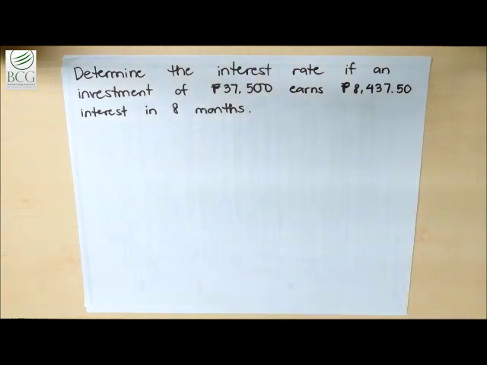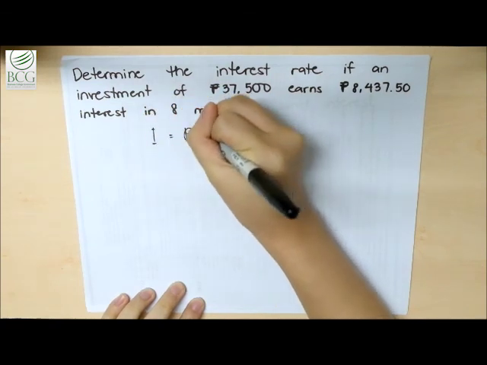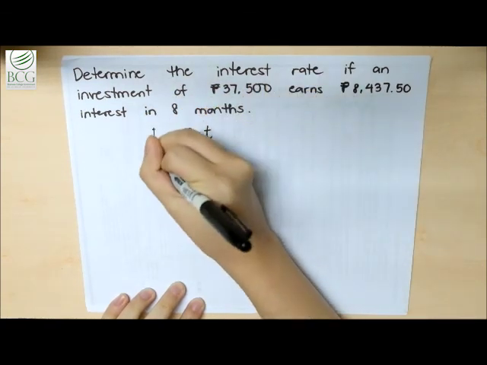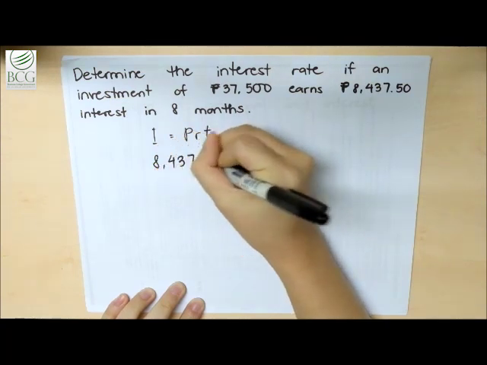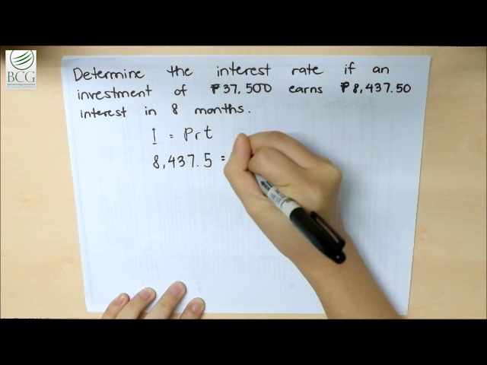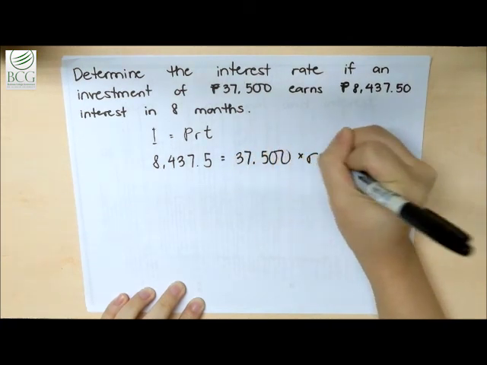So let's have an example. Determine the interest rate if an investment of 37,500 pesos earns 8,437.5 pesos interest in 8 months. So we know that the formula is I equals PRT. We also know that the interest is 8,437.5. P is 37,500. Your R is unknown.